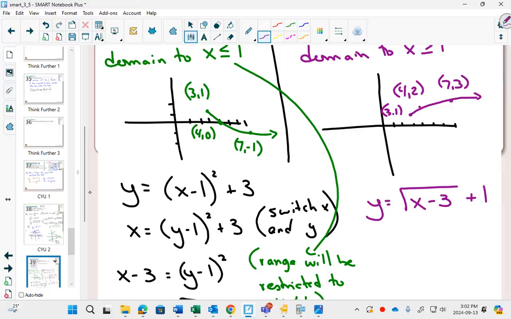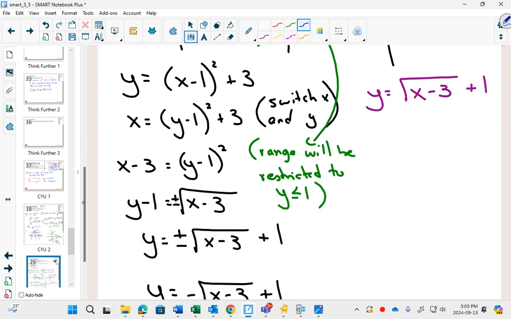Doing the graph first can sometimes also help you find the equation. Okay? If you started off with a regular square root graph, you see that this one has had a vertical reflection. That would move it down to here. And then it looks like it's been moved 3 to the right and 1 up.